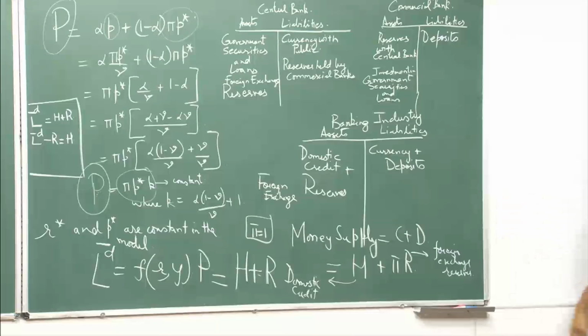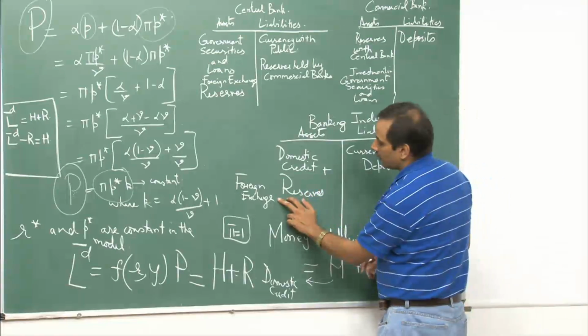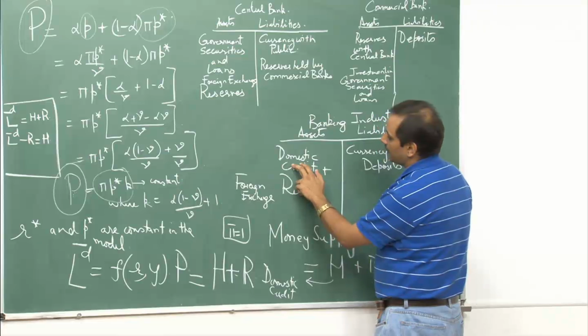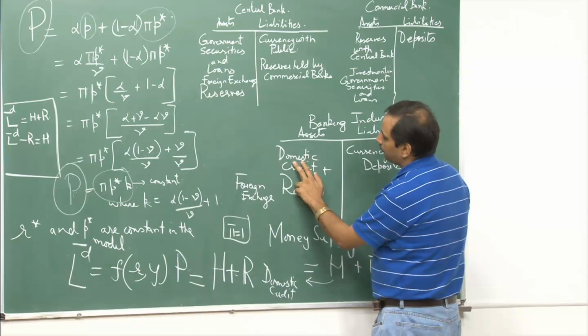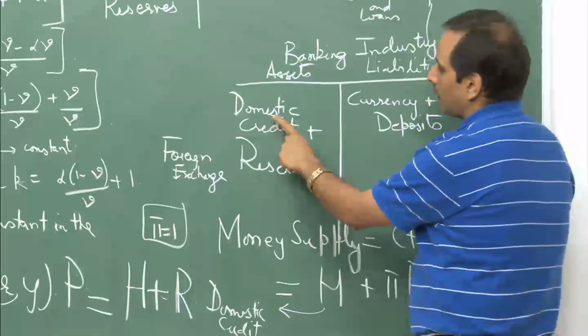The sources of changes in the high powered money is due to the changes in reserves and its credit to the commercial banks and the other non-bank financial institutions in your country.